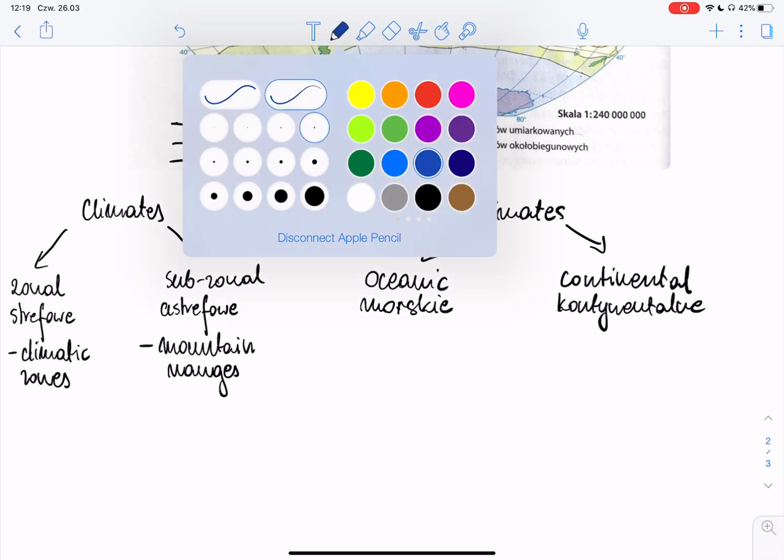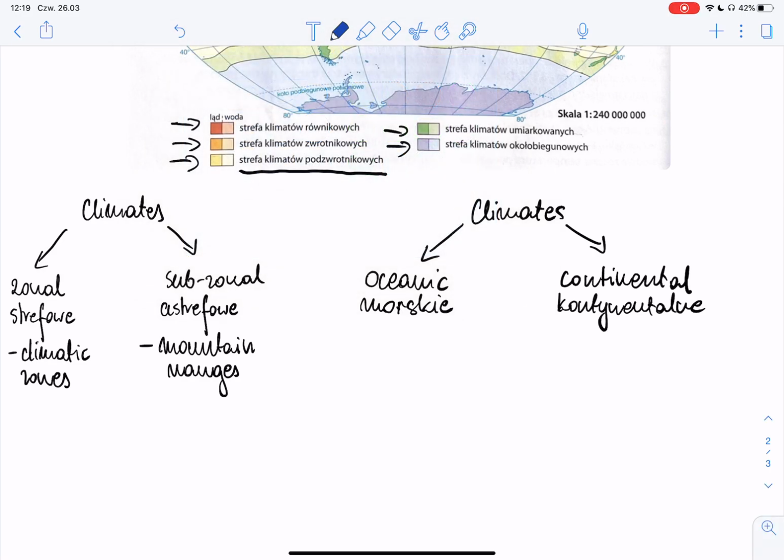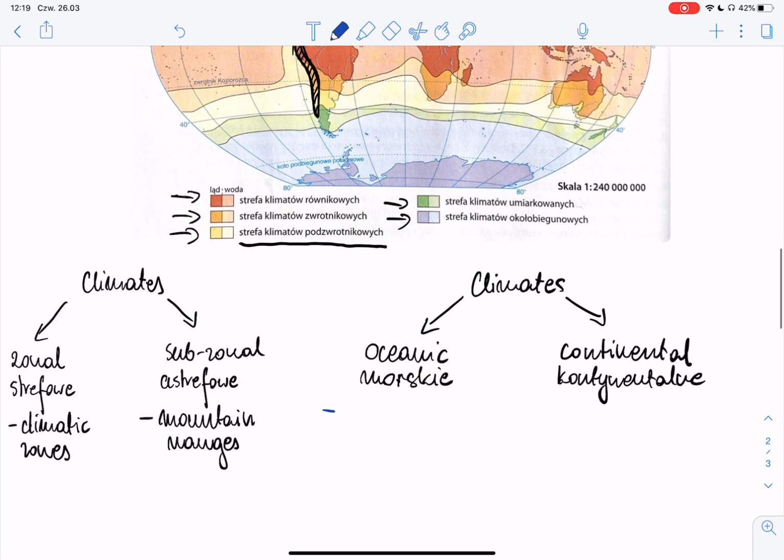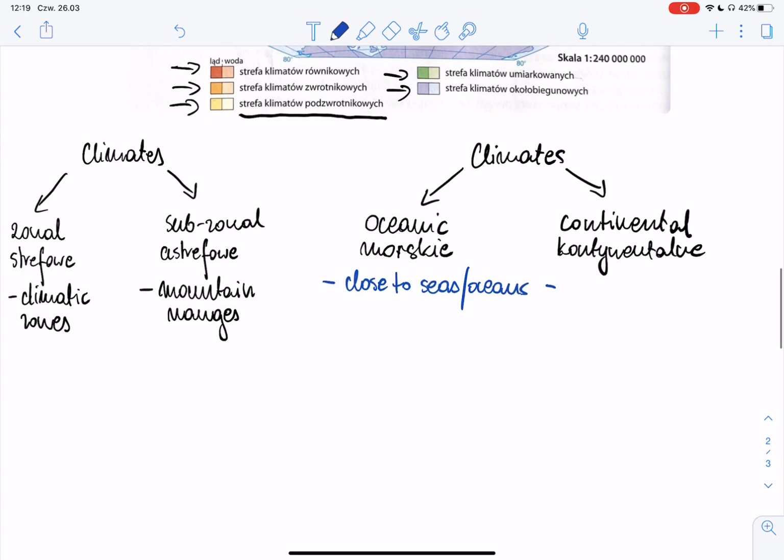And guys, the main difference between them is that oceanic climates are where it's closer to any kind of water, any huge bodies of water. Continental climates are in the middle of the land.